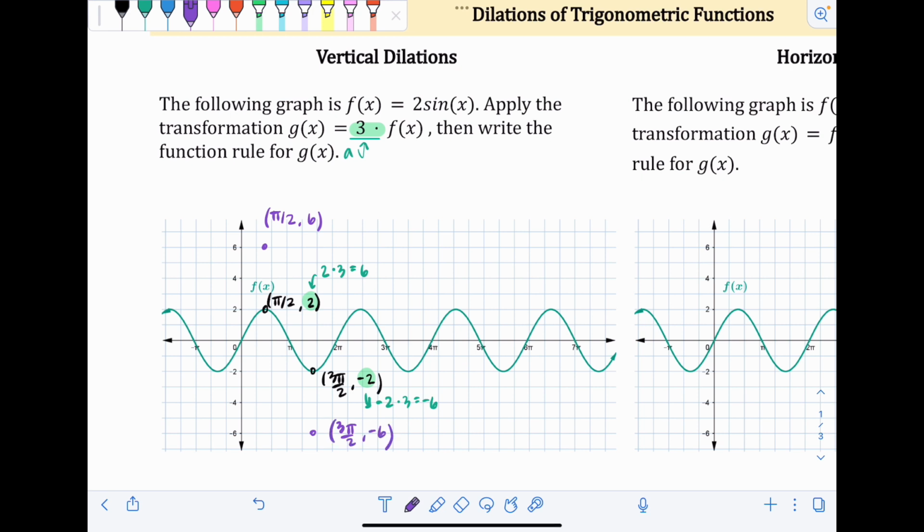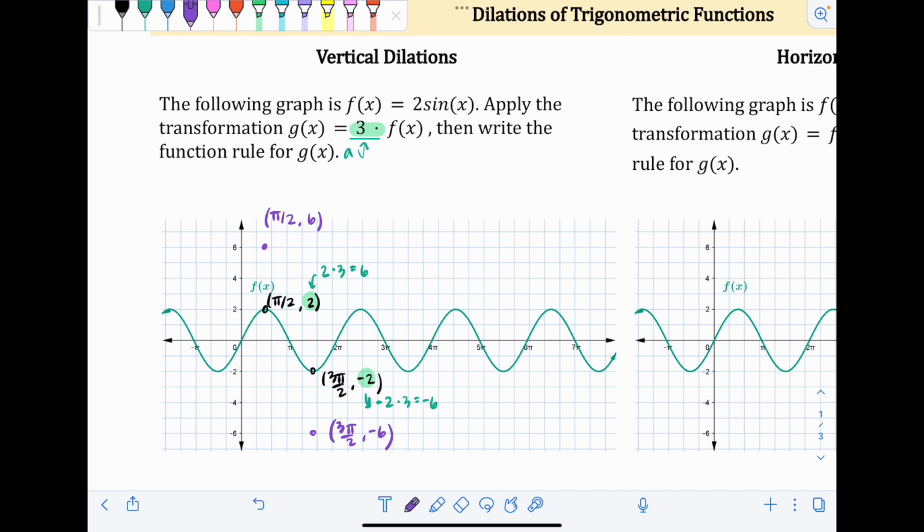Whenever a vertical dilation occurs, every point on the graph gets pulled either up or down away from the x-axis by, in this case, a factor of 3. Like 2 times 3 to get 6, negative 2 times 3 to get negative 6.